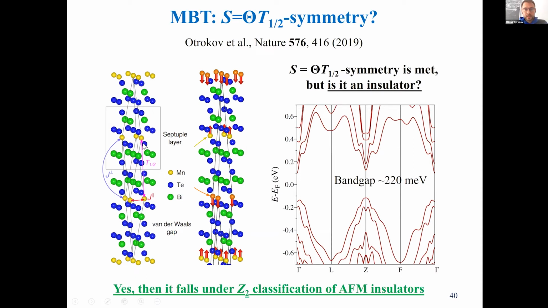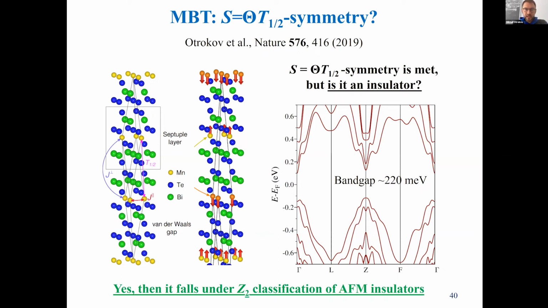In the non-magnetic case, T1/2 is obviously a symmetry because it takes one manganese atom and sends it to the neighboring manganese layer. But it is not a symmetry in the antiferromagnetic ground state, because if you take this orange guy with moment pointing down and translate it to the neighboring layer where all atoms have moments up, it's not a symmetry.